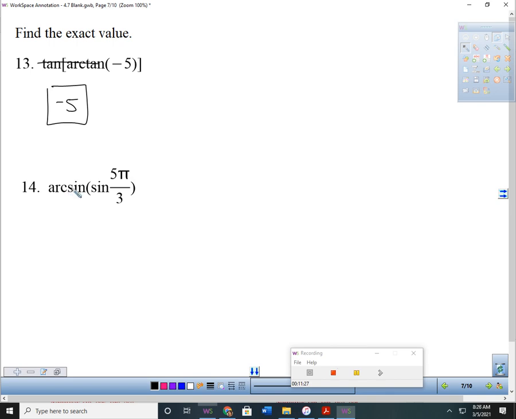So same thing with this. If I take the arcsine of sine, I just get 5 pi over 3. Okay, we messed up on this one just a little bit, though, because your outcome can't be 5 pi over 3, right?